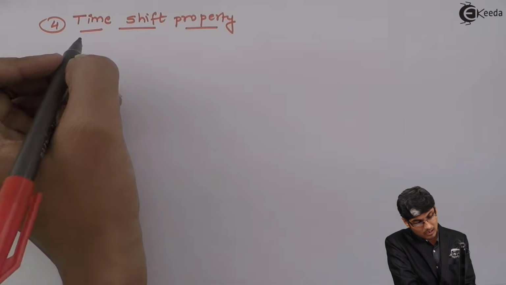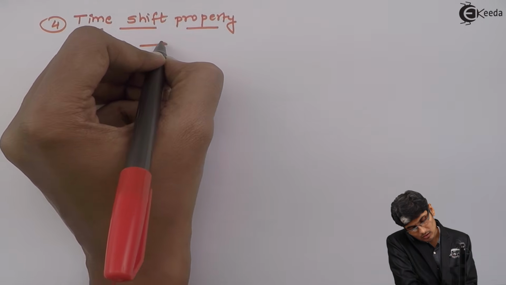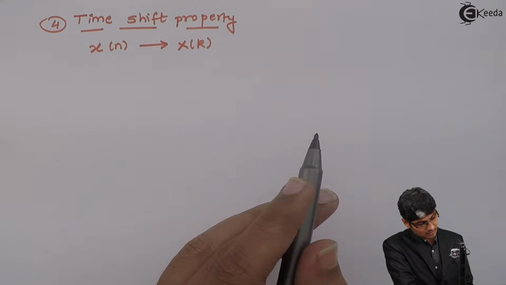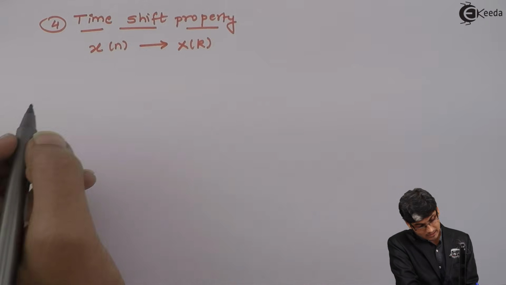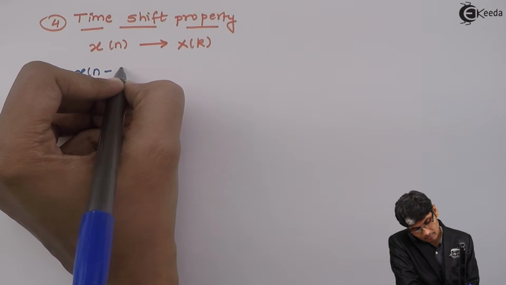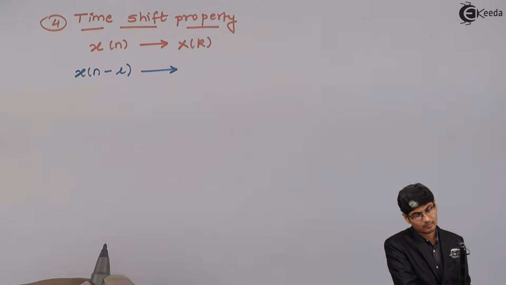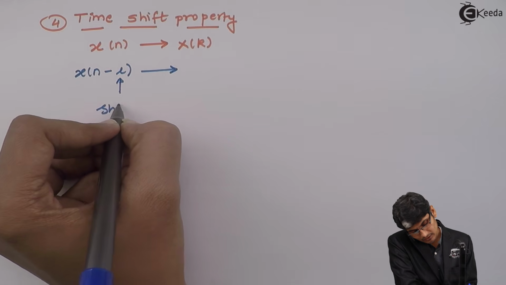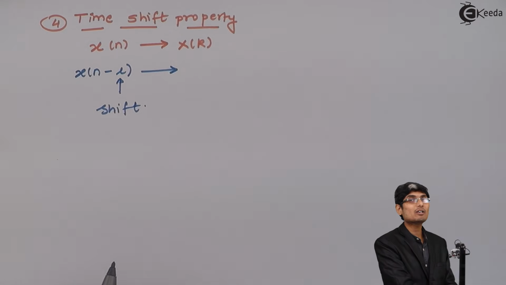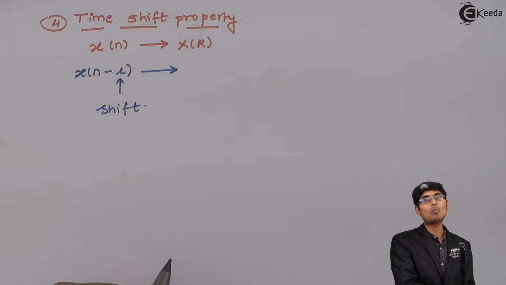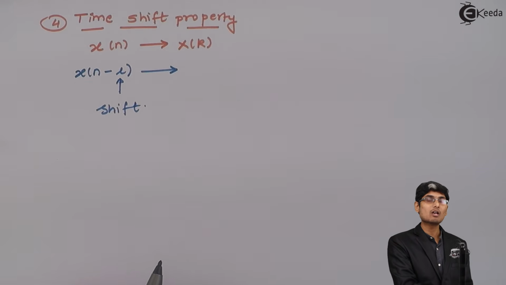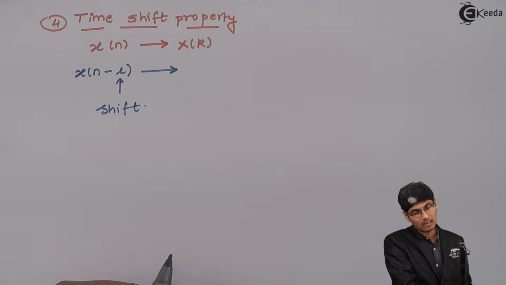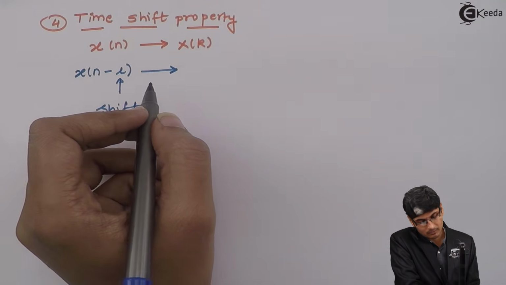It says that if I have x of n whose DFT is X of k, and now I bring in a signal x of n minus L, where L is the number of shifts. In our example it was 1, x of n minus 1 and x of n plus 1. Here L is the number of shifts. It can be 2, 3, any integer value, but it should be an integer value.